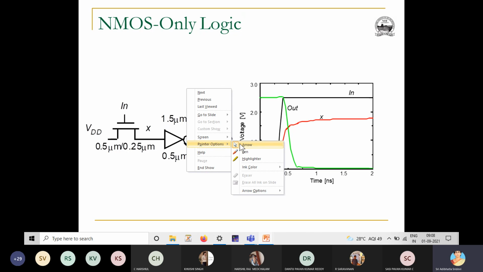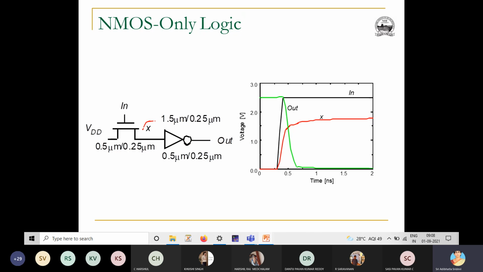The main problem with the threshold drop is whenever we connect the output of a pass gate to a CMOS inverter. Because of the threshold drop, the CMOS inverter will lie in the B, C, D regions of its inverter characteristics. So there is a current flowing in the CMOS inverter because we are not giving a strong one.